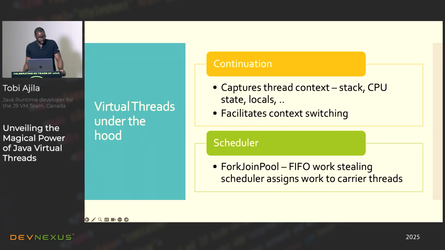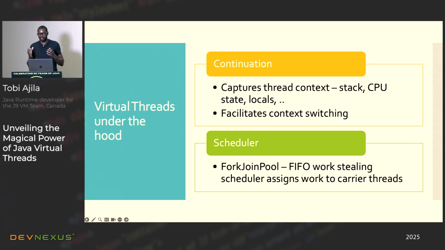Okay, so we'll take a look at a bit more of the internals of virtual threads. There are two core mechanisms that are used to support the virtual thread functionality. The first one is continuation, and the second one is scheduler, more specifically a user space scheduler. A continuation is an abstraction of control flow that represents execution state.